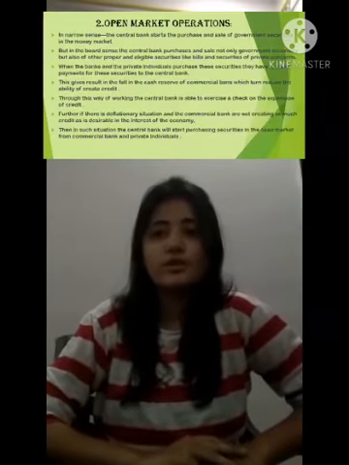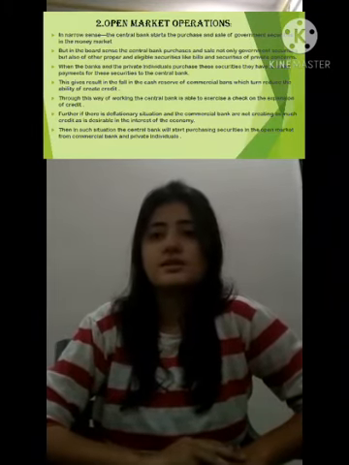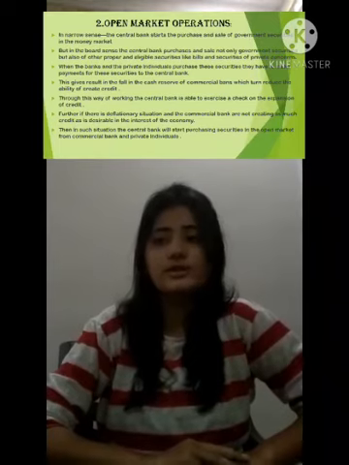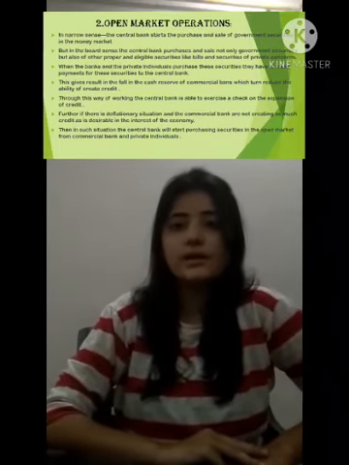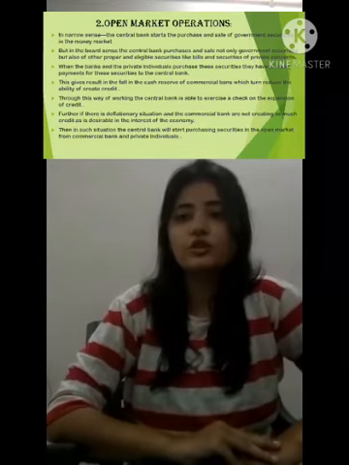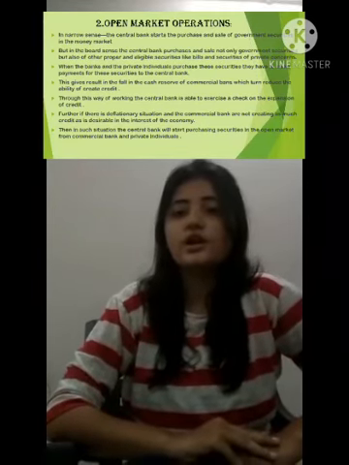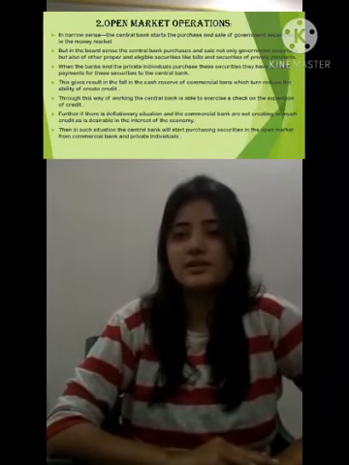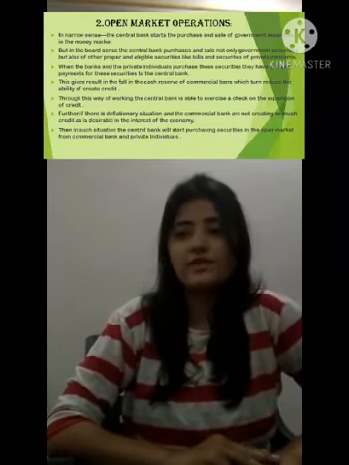Second, open market operations. In the narrow sense, the central bank undertakes the purchase and sale of government securities in the money market. But in the broad sense, the central bank purchases and sells not only government securities, but also other proper and eligible securities like bills and securities of private concerns.